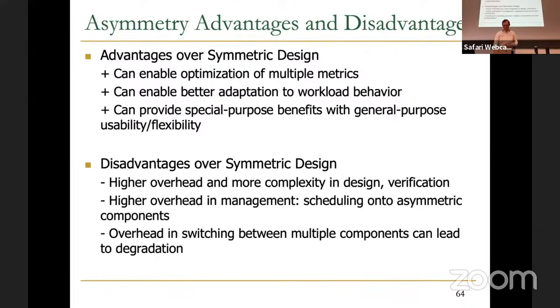There's no free lunch, unfortunately. These are the three major overheads: complexity, scheduling or management overheads, and switching overheads. And we will see this over and over in any heterogeneous design.